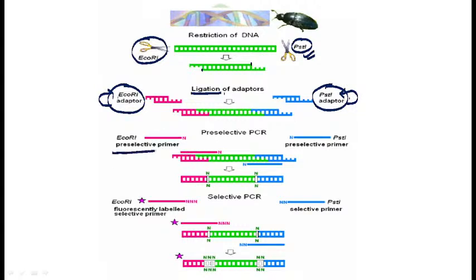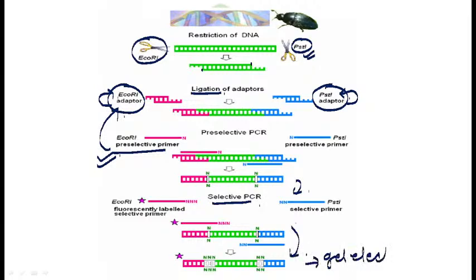Now we design primers which are going to be complementary to our adapter sequence. Now we do the amplification step, and after amplification we run the gel electrophoresis and do our required study.